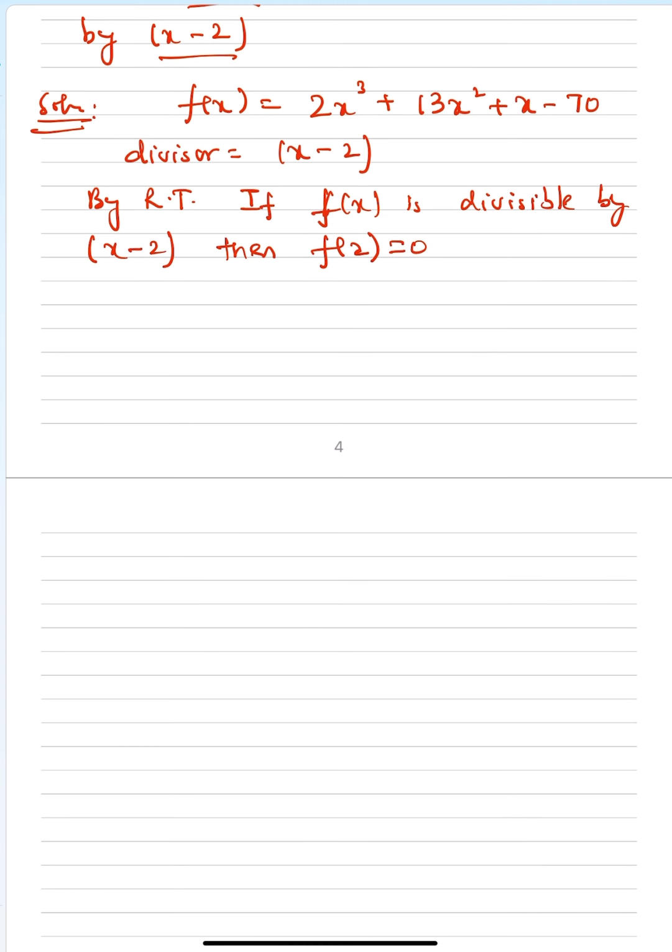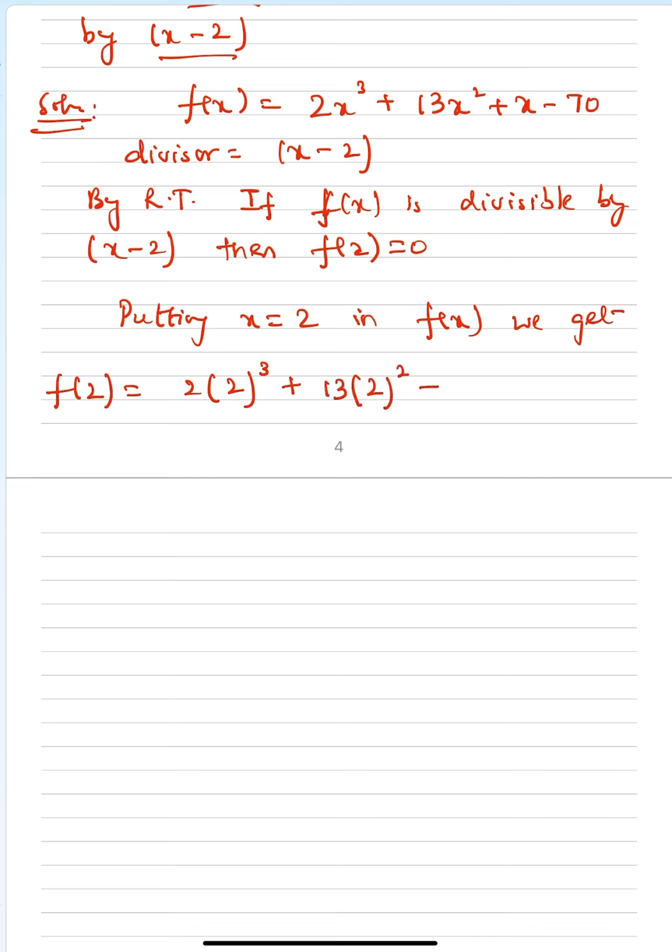Okay. Now putting x is equal to 2 in f of x, we get f of 2 is equal to 2 into 2 raised to 3 plus 13 into 2 square plus 2 minus 70.